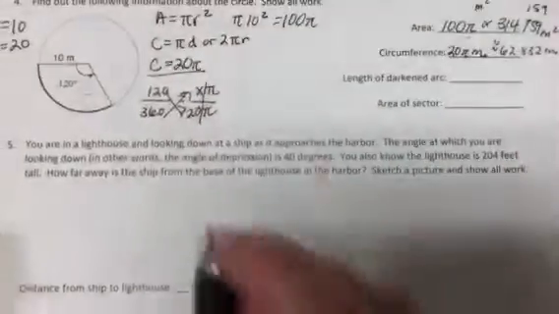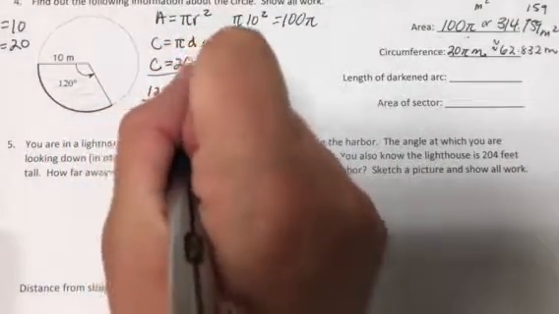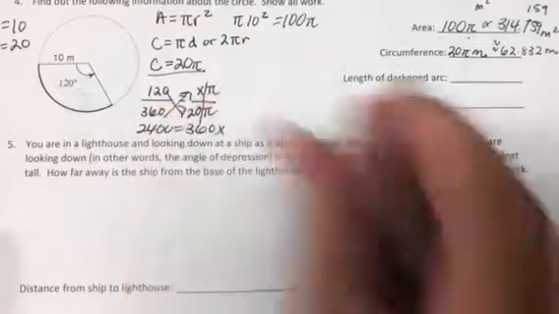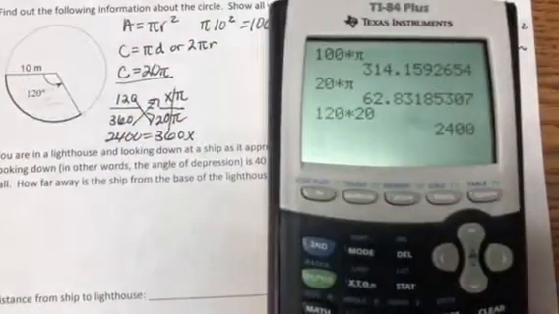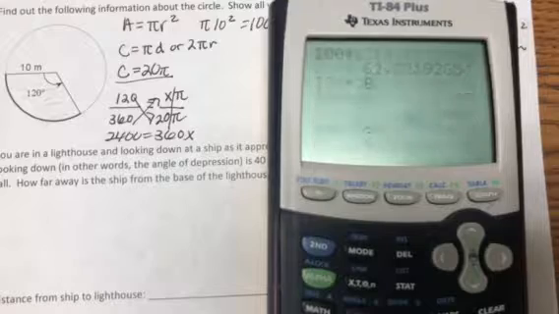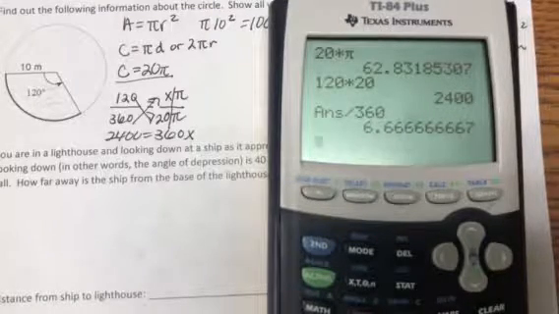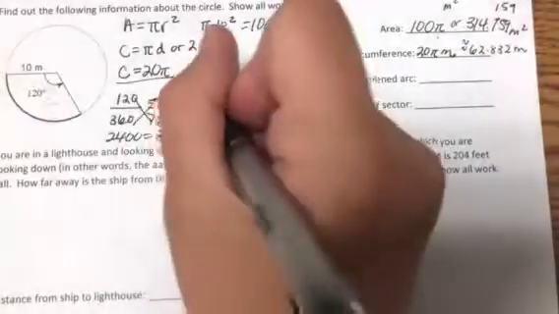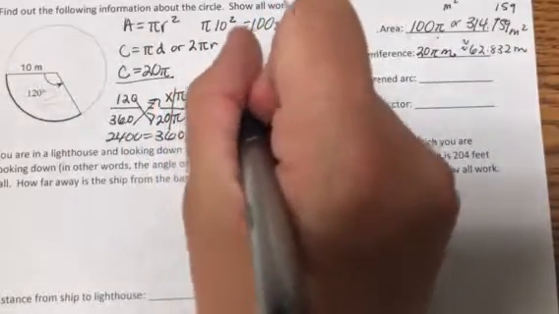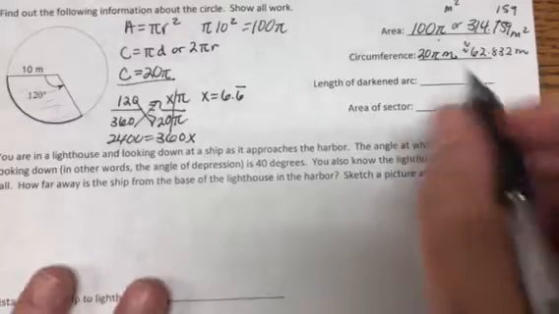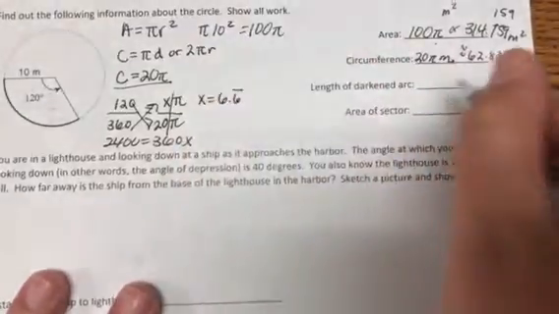So 120 times 20 is 2,400. That's going to be equal to 360 times x. I'm just going to divide that by 360. X is 6 2/3, or 6.6 repeating. All right, so remember, my arc length is that times pi.